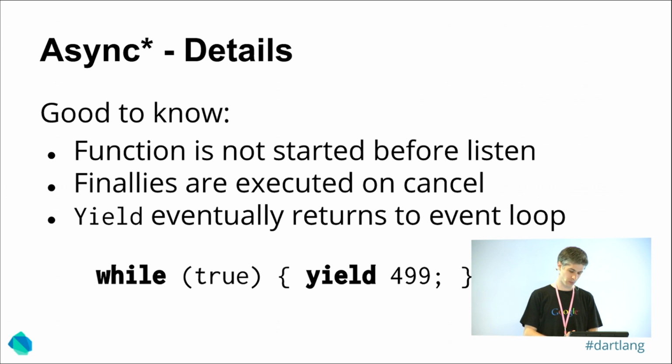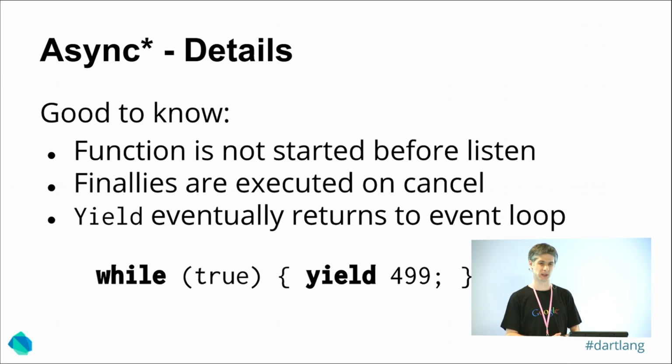One thing you probably want to know is that both sync star and async star functions are not started before anybody is listening or iterating over them. So it really waits until somebody actually needs the values. The other thing that is important to know is that finallies are executed if a stream is cancelled. This gives you a way to handle resources.